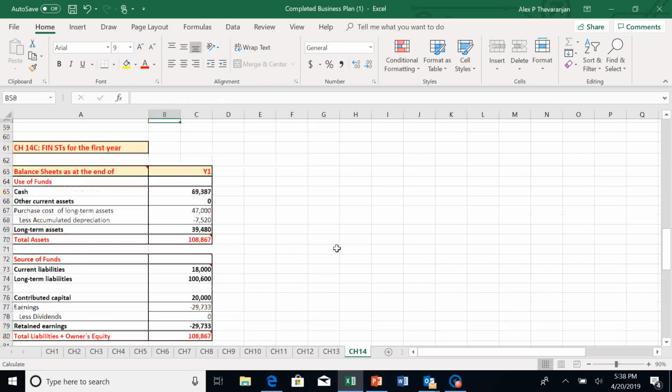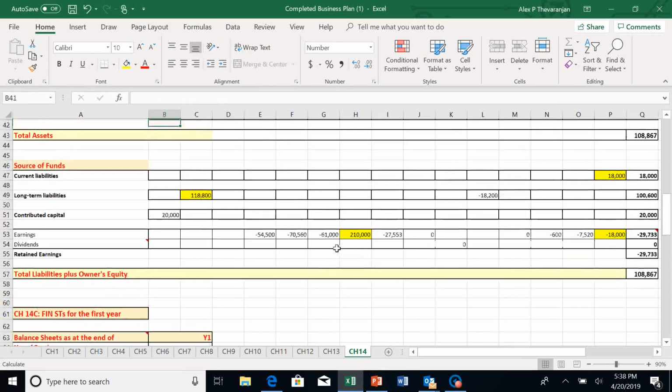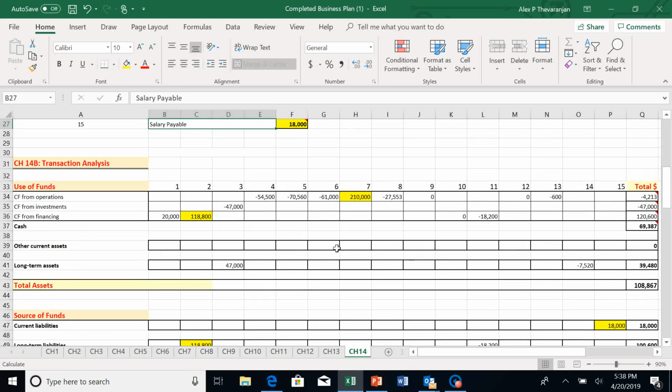So if you first look at your cash balance, while the balance sheet reported this balance, 69,387, there are a lot of entries made here. And also we kept these things separate, so a cash flow statement is basically going to say, hey, our cash flow from operations is so much, from investments is so much, and from financing is so much.